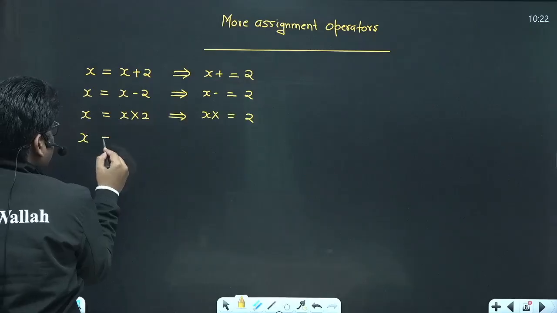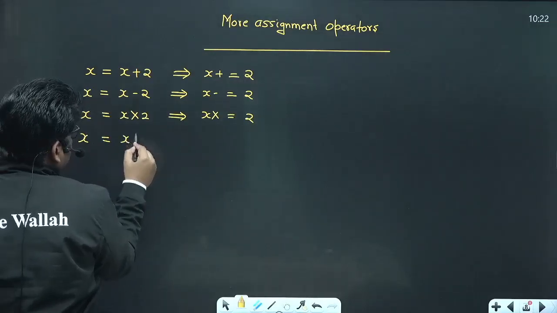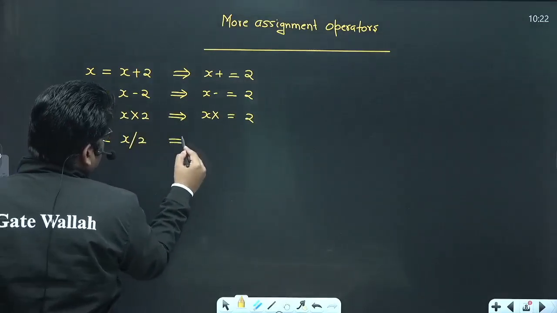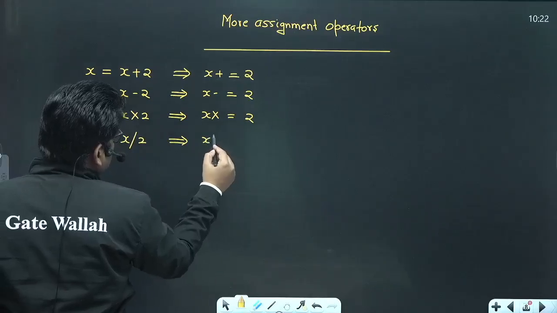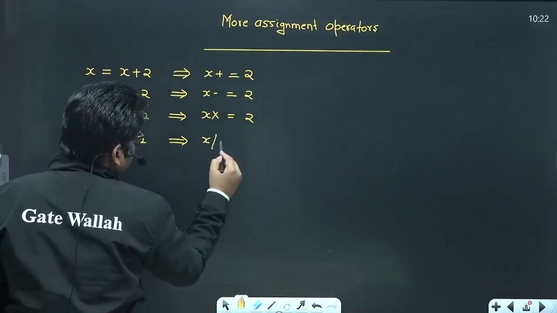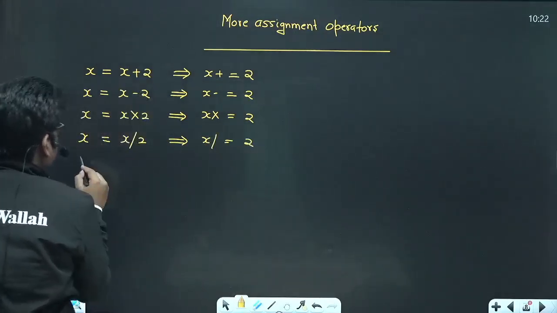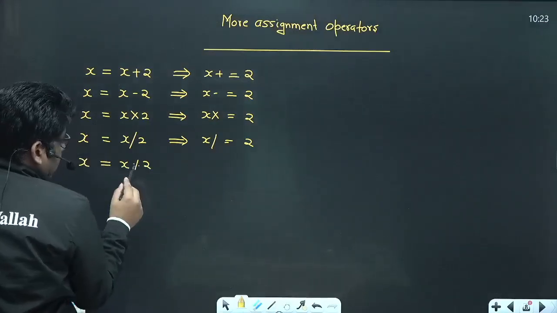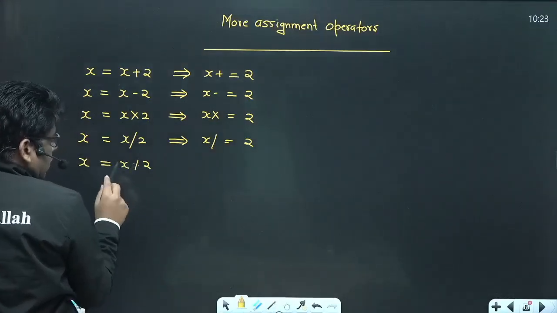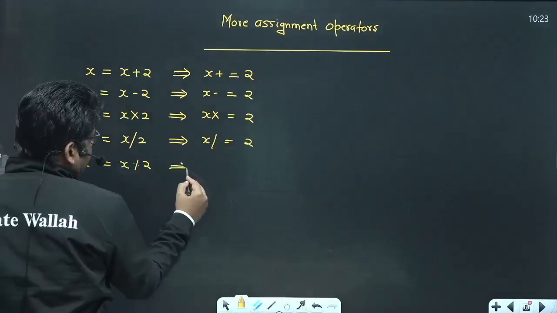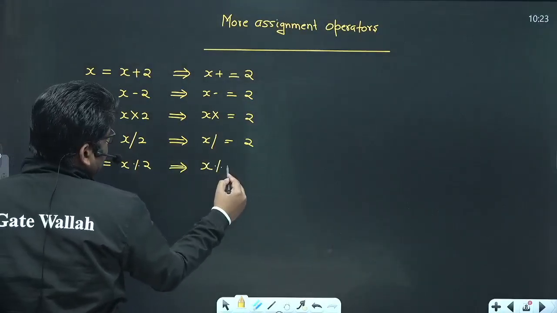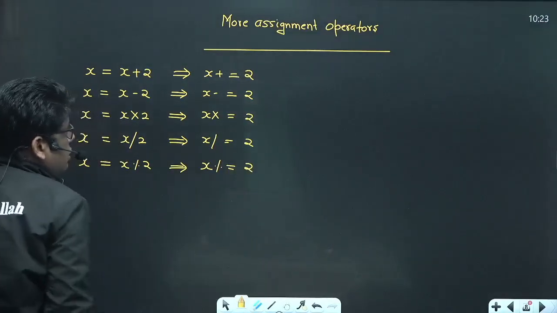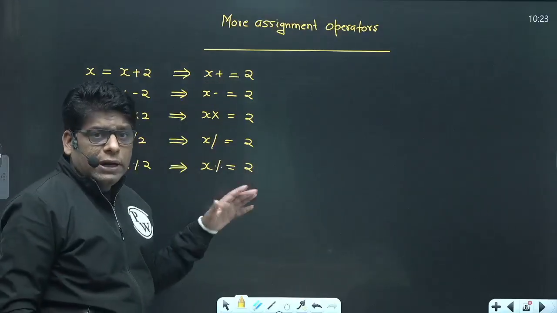Similarly, for x is equal to x divide 2, I can write x divide is equal to 2. With the modulus operator, remember that both operands must be integers. Then can I write it as x mod is equal to 2? Of course, sir. So these are called shorthand.